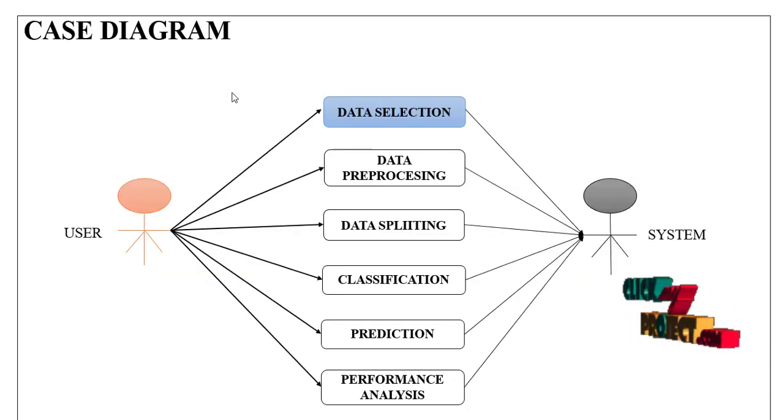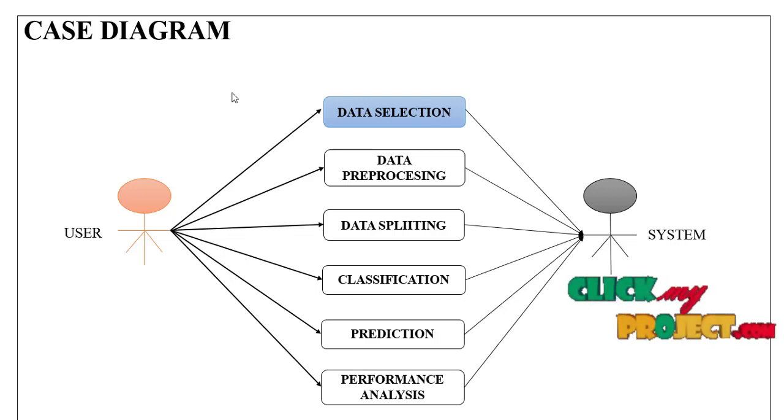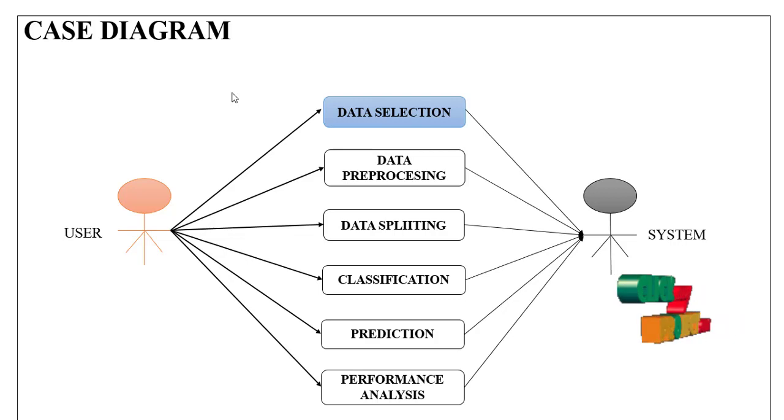And this is a use case diagram. From the user point of view, what the process is done, we explain in this diagram. First data selection, then data pre-processing, then data splitting, and then classification, and then prediction, and then performance analysis. These are done in the system.